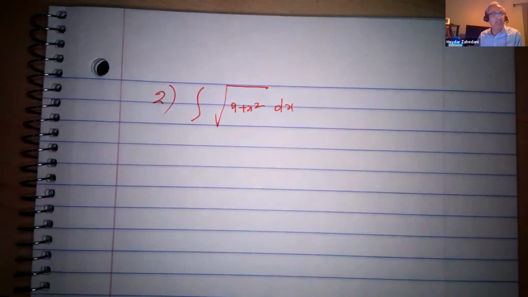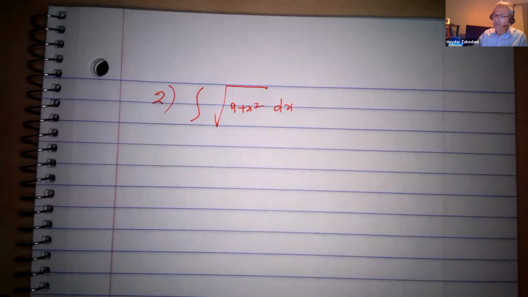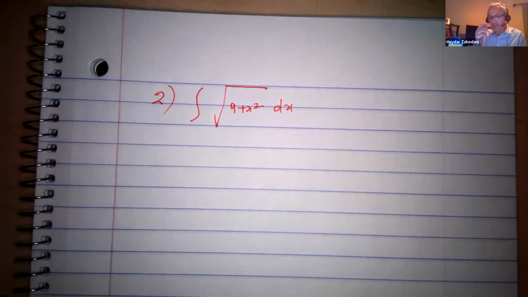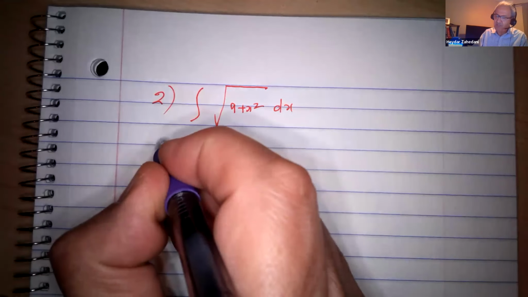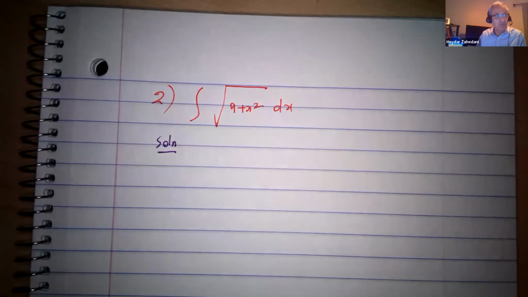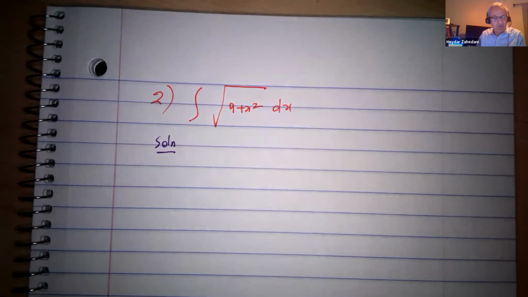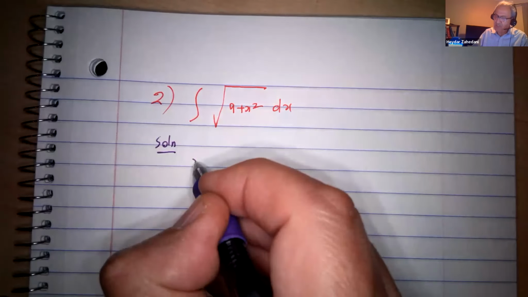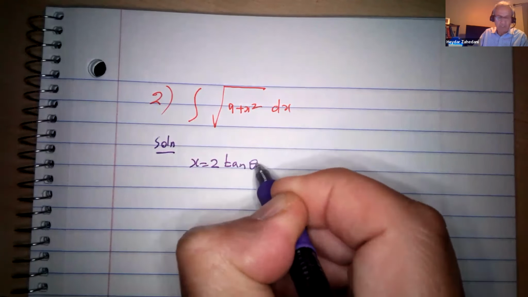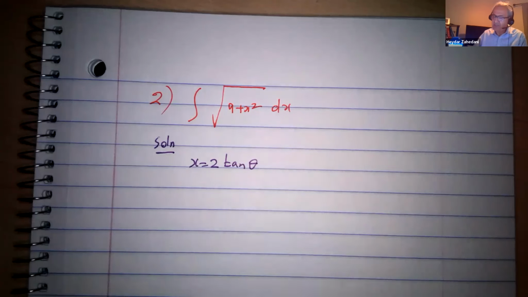This would always end up with a secant cubed. Then you have to take care of those secant cubed. So sometimes we divide it by x or multiply by something to make it easier. But if you want to have just the standard one, the format for this one is, you need 1 plus tan squared to take care of it. So you take x to be equal to 2 tan theta. This must be your substitution.